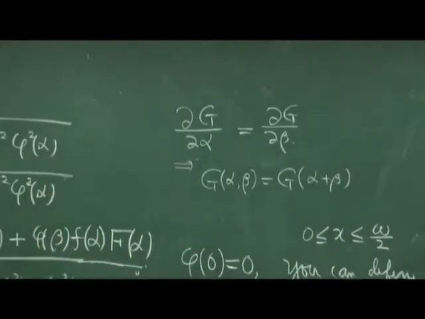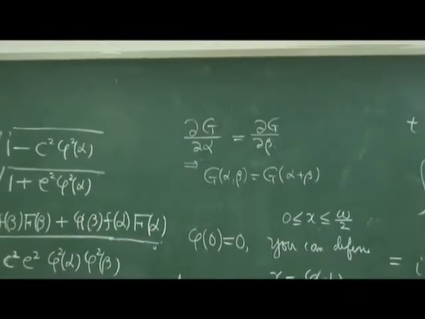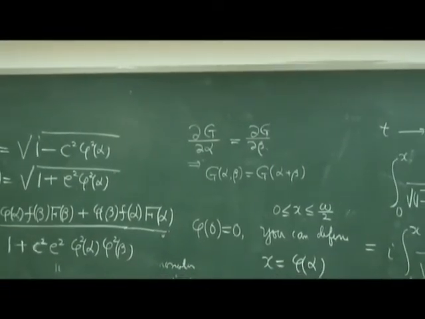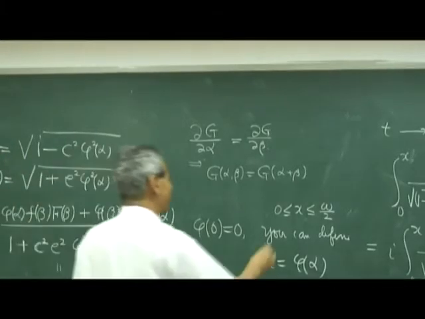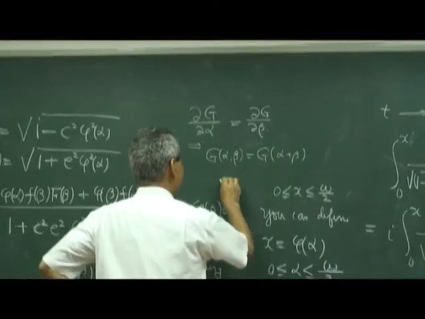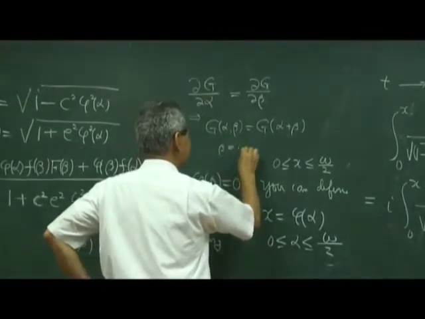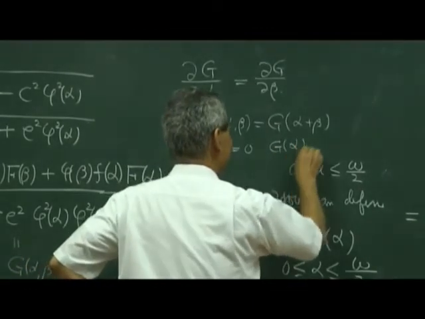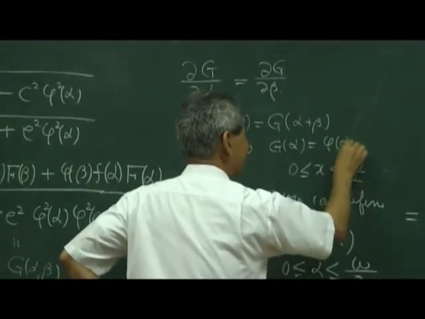It's a little bit rough conclusion, but basically, yes. Okay. And then you know that this is some function. And if you make beta equals 0, then G alpha is our original phi alpha.